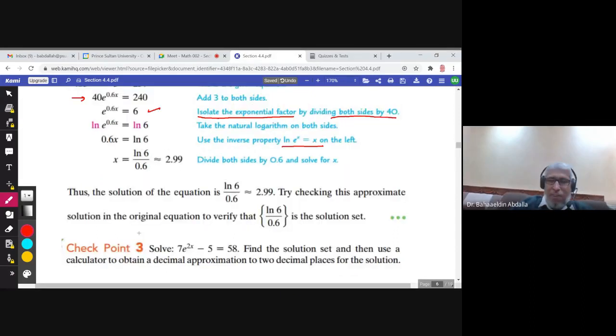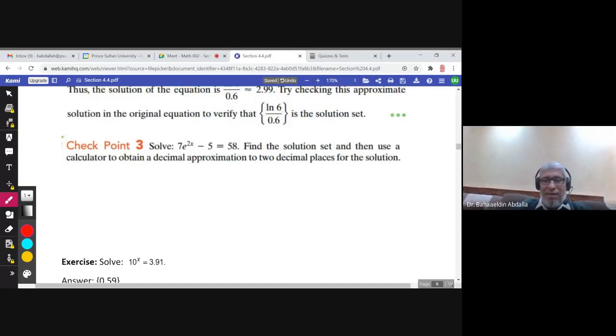That's the answer. So here, for example, we begin by taking 5 to the other side. So 58 plus 5 would be 63. And then we divide both sides by 7. And then we apply ln.